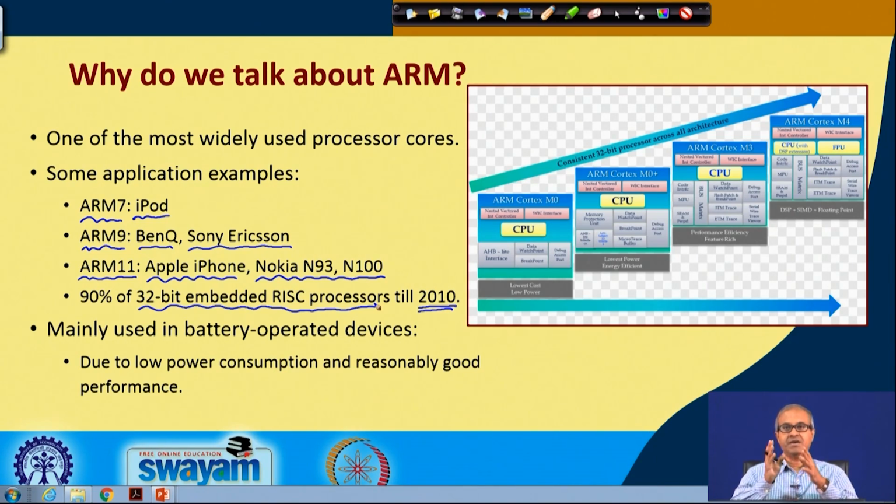Now, let us talk about one thing. When you talk about embedded system application, there is a processor inside. Depending on the application you decide how much power you need from the processor. If it is a very simple application, you do not need a processor as powerful as ARM.